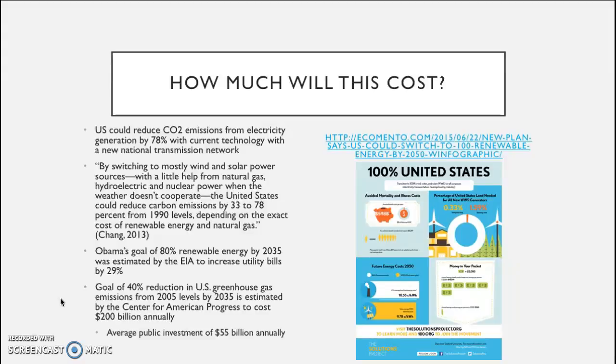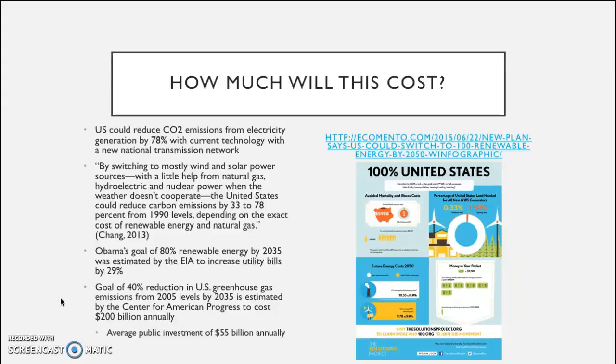And then there was another goal of a 40% reduction in U.S. greenhouse gas emissions from the 2005 levels by 2035. And the Center for American Progress estimated that that would cost about $200 billion annually in private and public investments, but that average public investment would be $55 billion annually.